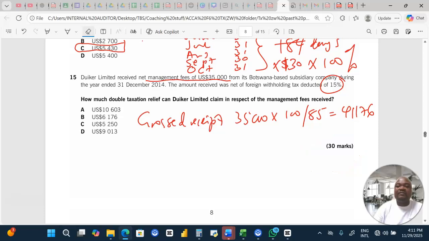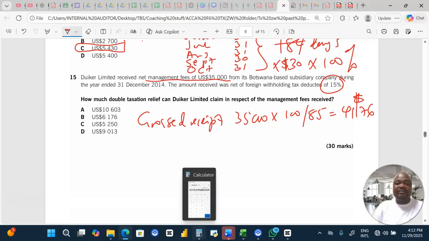Those were the fees, isn't it? Good. Remember, we are in dollars. All right. So the amount in this figure is the very important one.